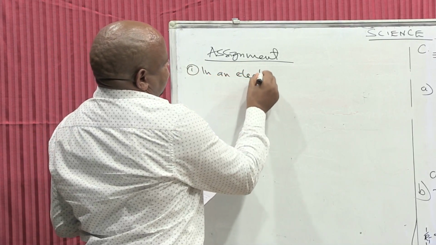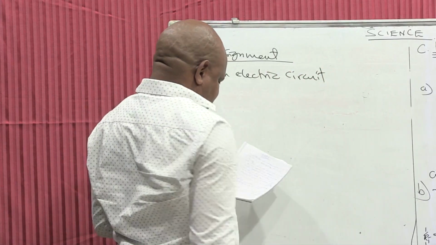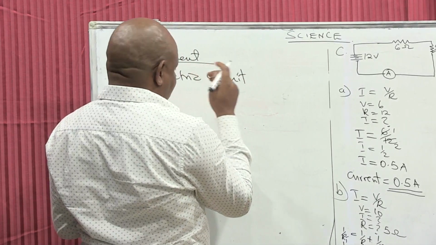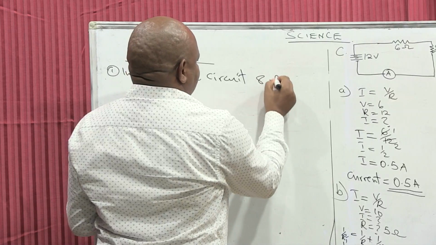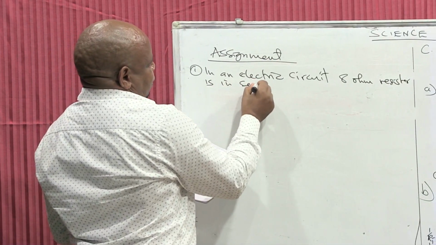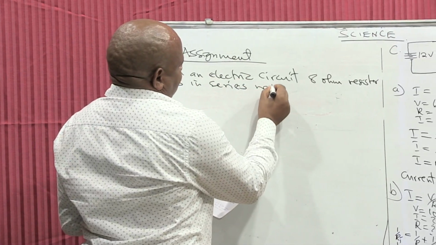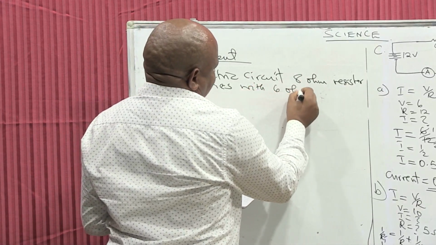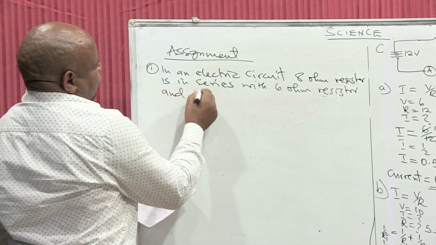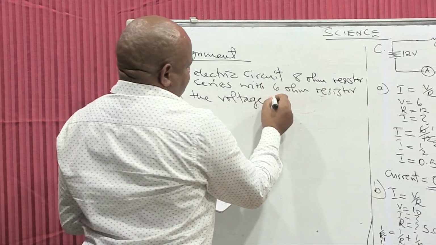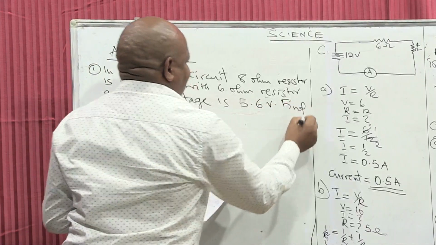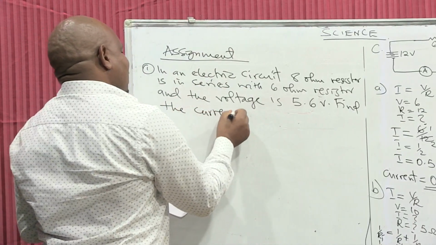In an electric circuit, an 8 ohm resistor is in series with a 6 ohm resistor, and the voltage is 5.6 V. Find the current.